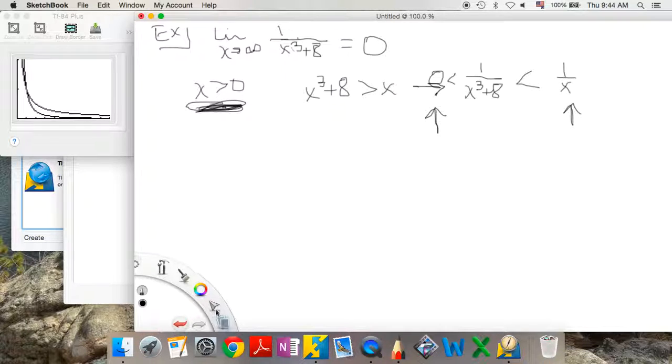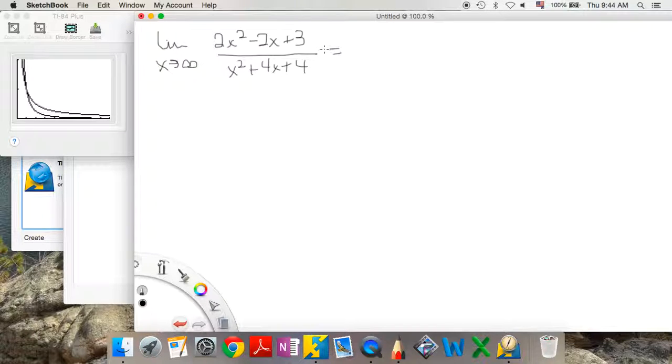Now, what are some other tricks to use to help you with this? Well, if we have the limit as x goes to infinity of a rational like this, because we know the 1 over x and the 1 over x squared limits already, we can figure this one out.